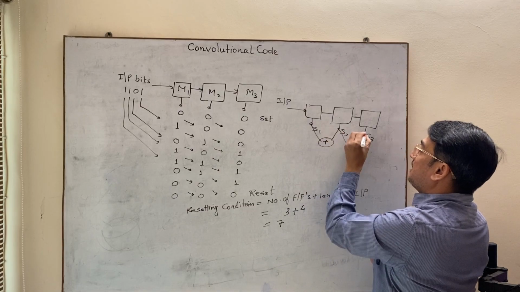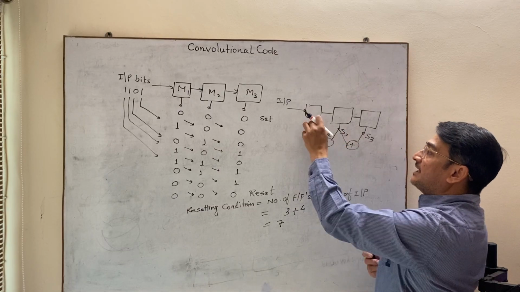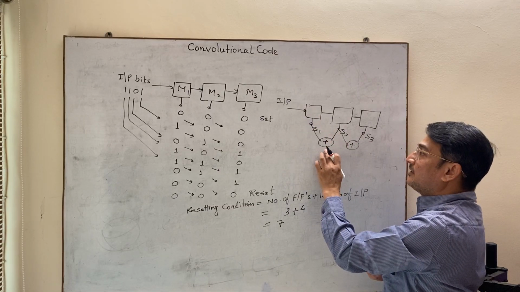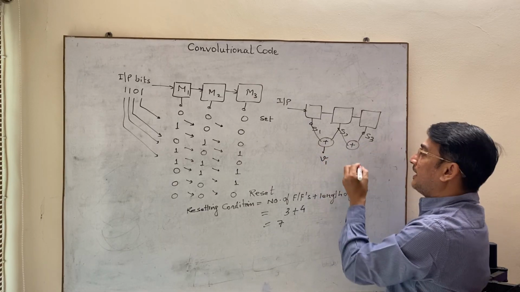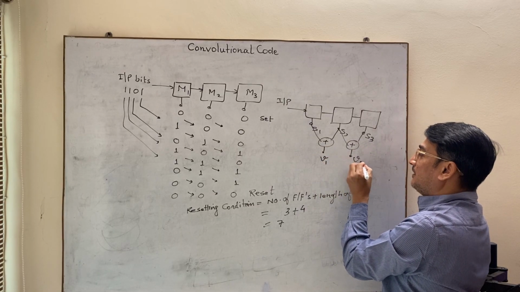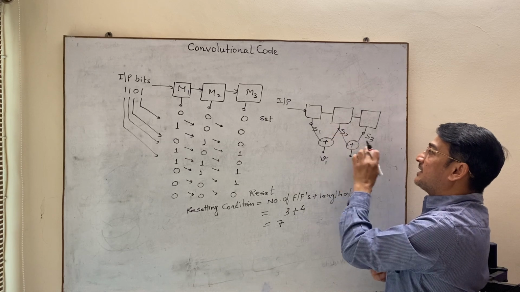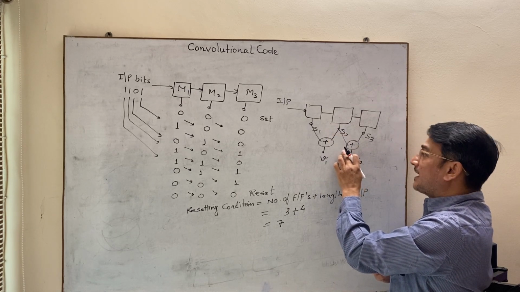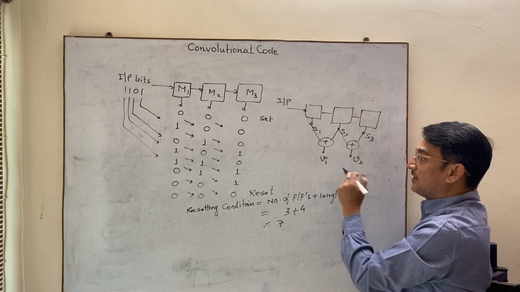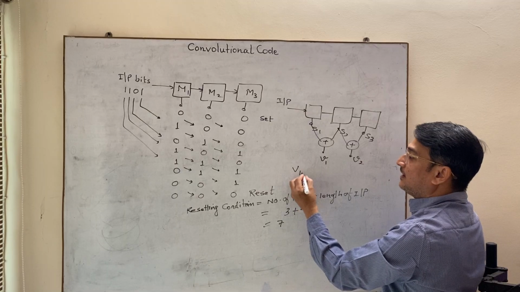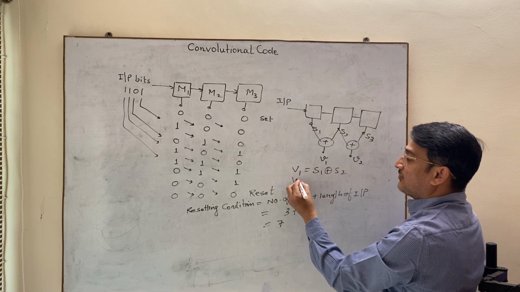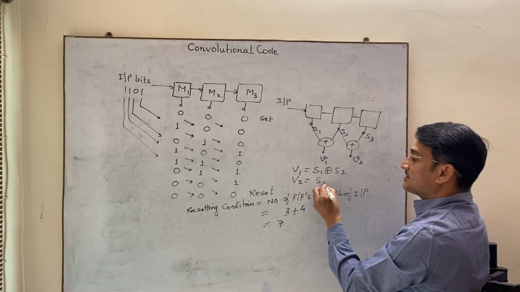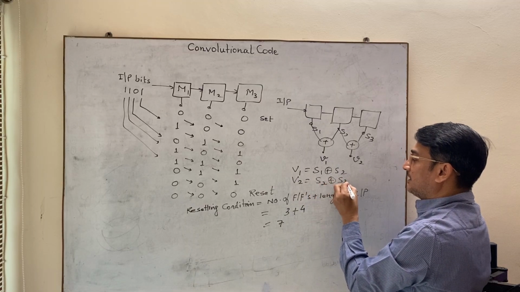Like for example, I have connected these two outputs together and get the output V1, and S2 and S3 connected with an XOR gate and the output is V2. So what will be the V1 bit? S1 XOR S2, and what will be the output V2? It is S2 XOR S3.